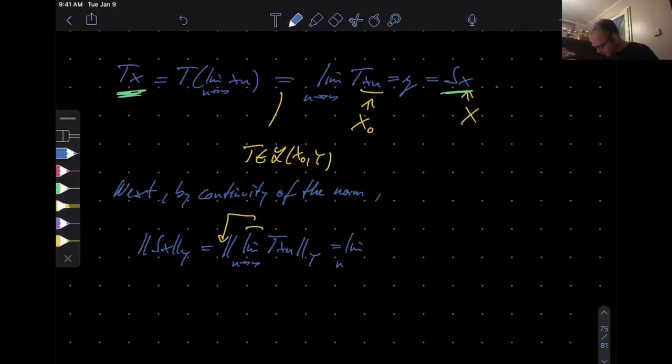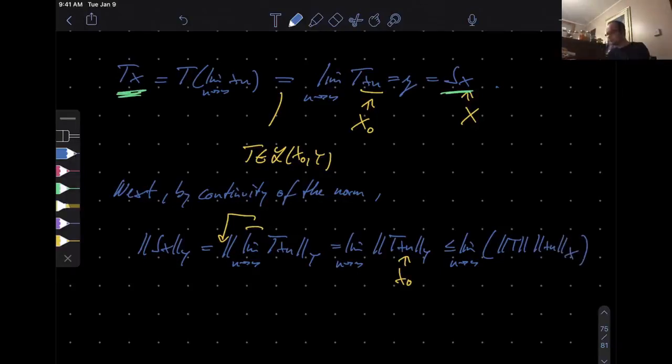So this is the limit as n goes to infinity of the norm of T x_n in Y. And then you use that T is a bounded linear operator on that X_0. Then you use the same inequality that I used earlier, so this is at most the operator norm of T times the norm of x_n in X.